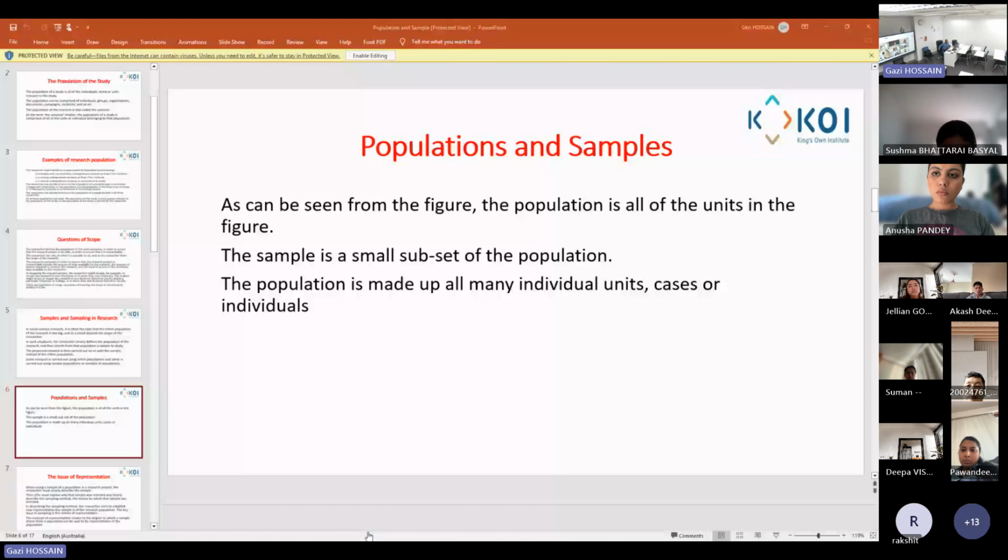In this case, we will be selecting our sample from this population, picking some 1y, some 2y, some 3y, some 4y, and some 5y. For example, just as an example, we have a population of single, unmarried people.